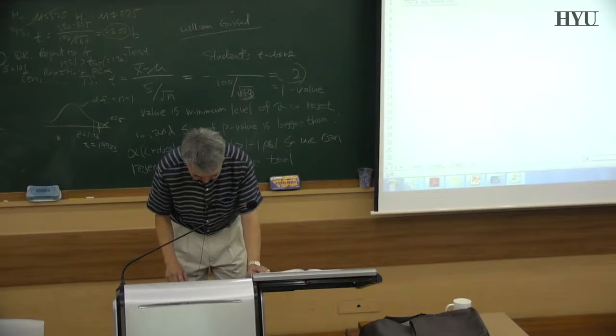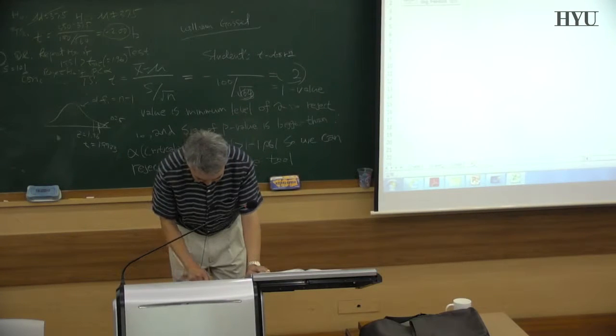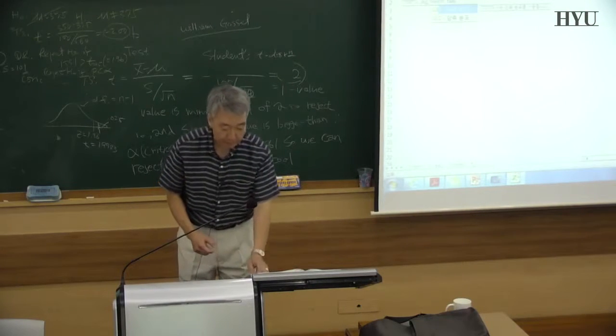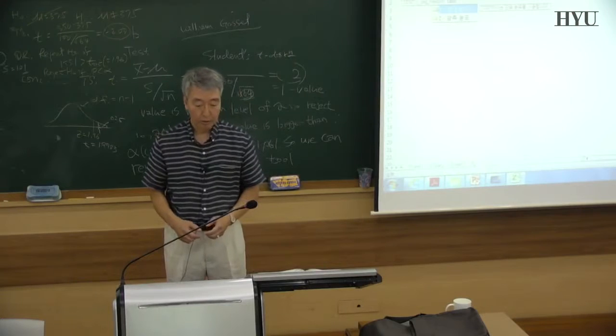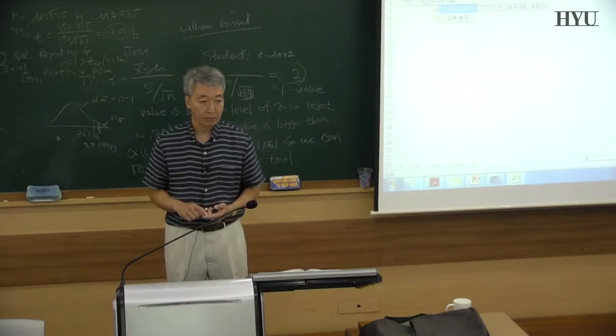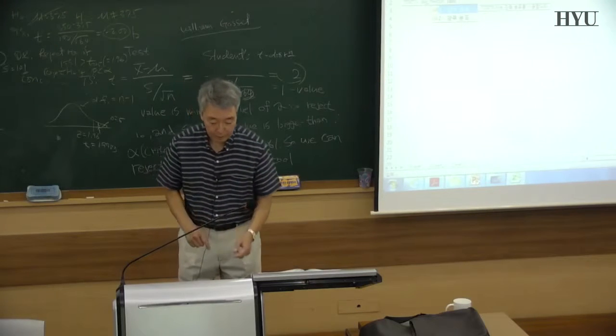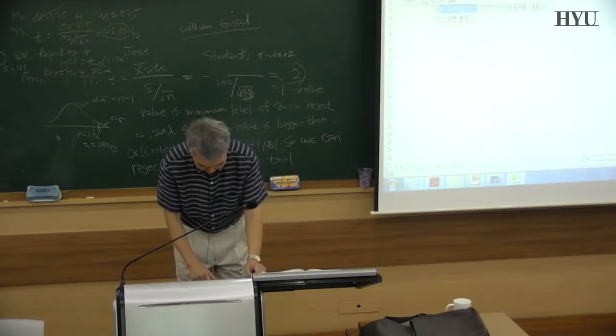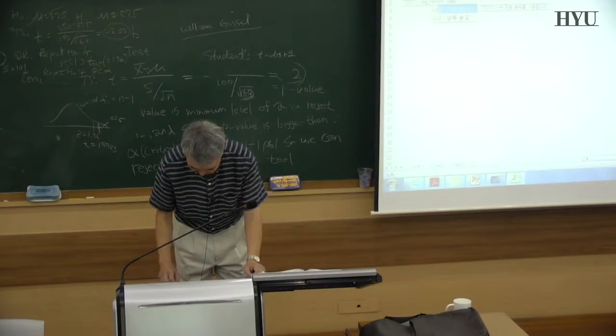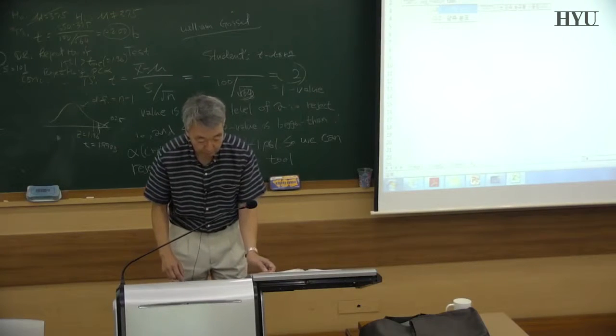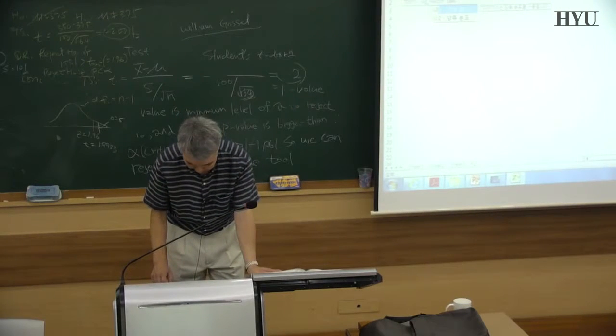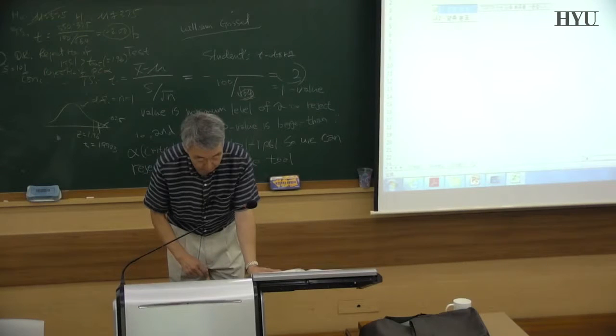Then comma, degrees of freedom 63, comma, and the last parameter is tails. You have to tell the computer whether you're running a one-tail or two-tail test. If two-tail, type 2 here. You don't usually have to close the parentheses. Just enter.